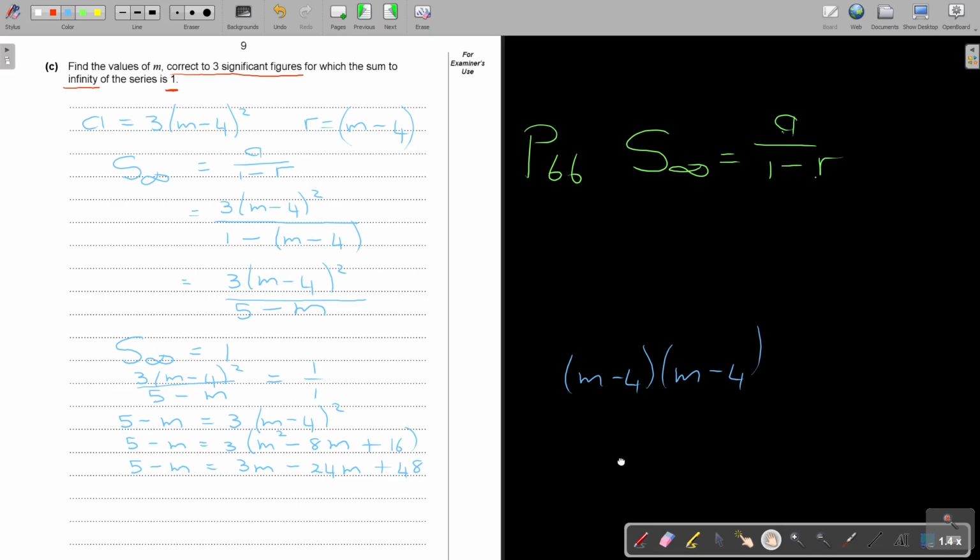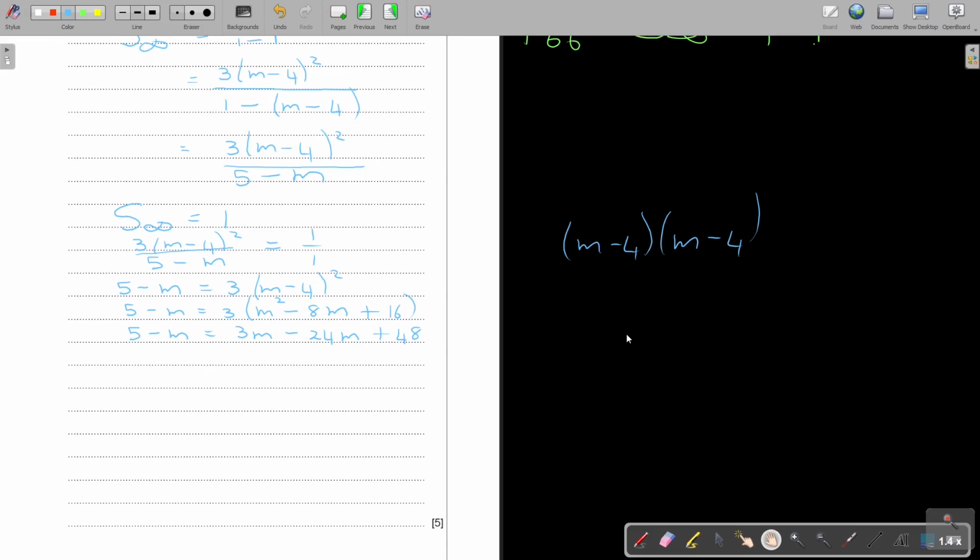And now I'm going to take everything to one side. So it's quadratic. Don't forget, maybe you picked it up, it was a square there. Okay, so it's 3m squared, minus 24m.